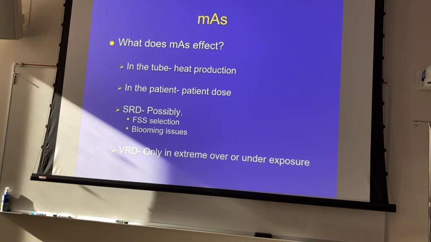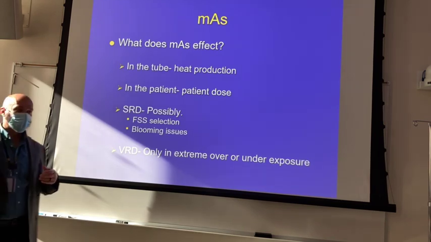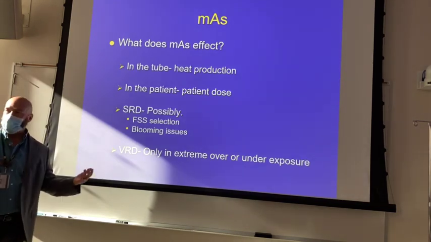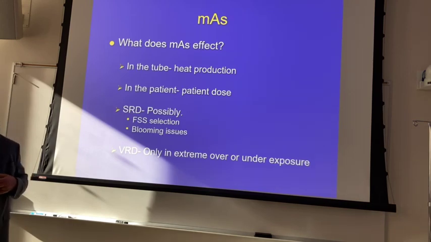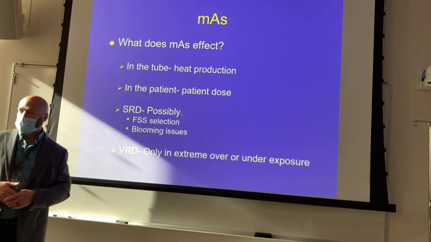So in the patient, what mass affects is directly patient dose. If you increase kVp, and that's the only thing that you increase, patient dose goes up exponentially. With mass, if you increase mass, you increase patient dose, but it's a direct relationship in every way, right?